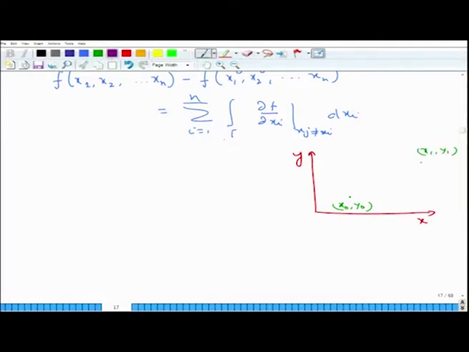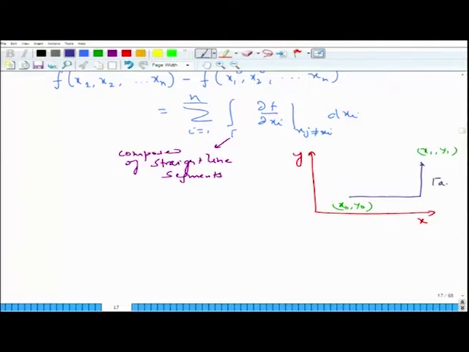The easiest path we can consider is basically composed of straight line segments. So what we can do is consider straight lines such as this. This is one path composed of two line segments.